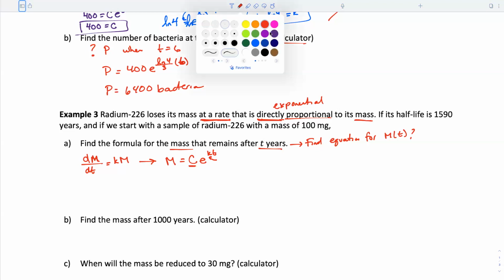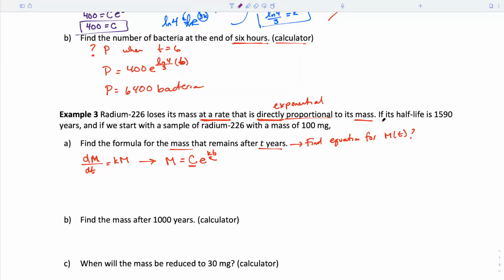And again, they're giving us two pieces of information here. One is the half-life. It has a half-life of 1590. So if we remember, what is half-life, right?